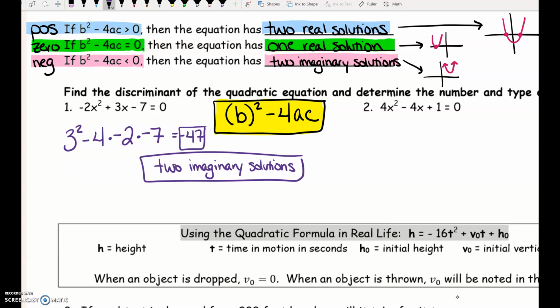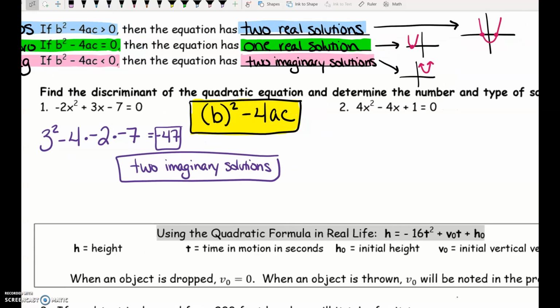This could be where there's 3 equations on one side and then it says 2 real solutions, 1 real solution, 2 imaginary solutions, and you have to drag the equation over to match. It could also be a table where there's 3 quadratic equations, find the discriminant, and then you have to check the box to say if it's 2 real, 1 real, or 2 imaginary.